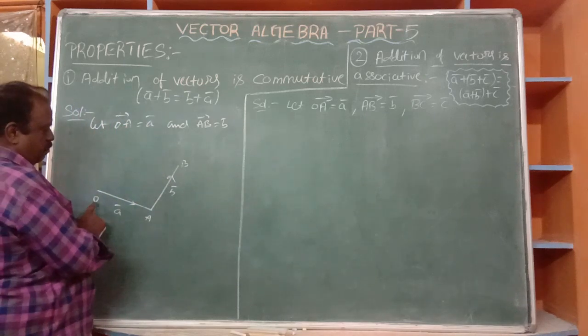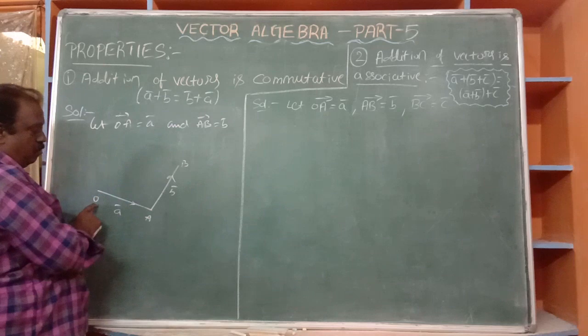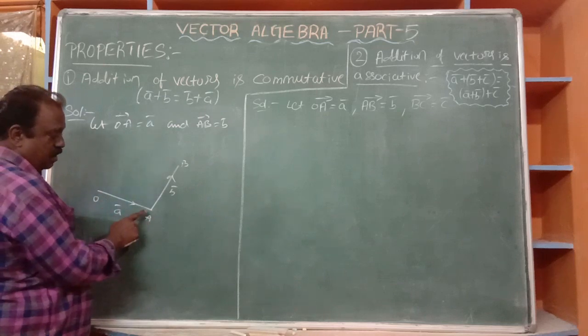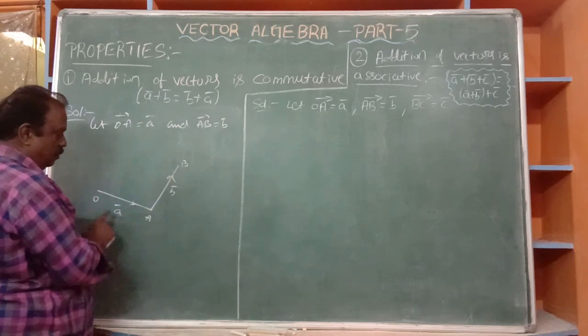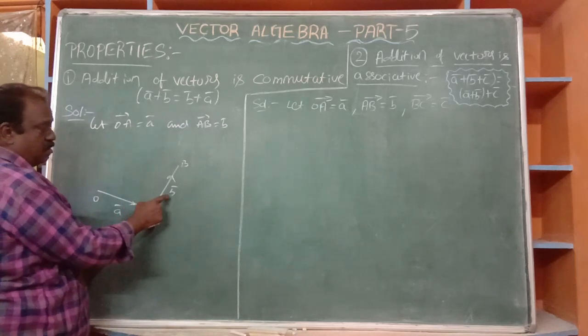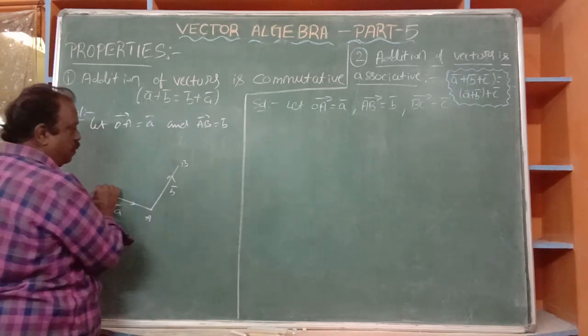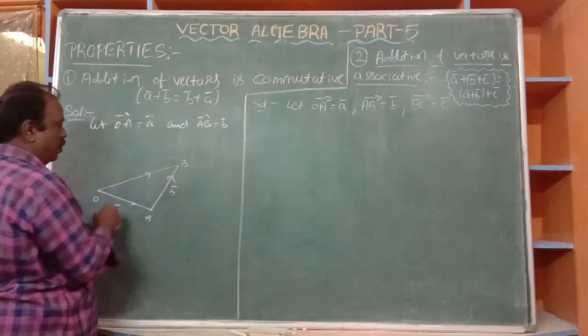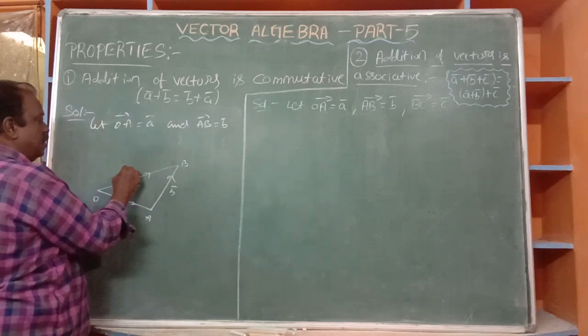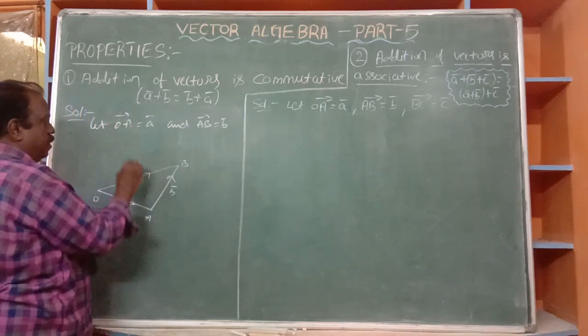Now, the particle starts from O and reaches A and takes direction to reach B. It is A bar and it is B bar. Now, the displacement is O to B. It is A bar plus B bar.